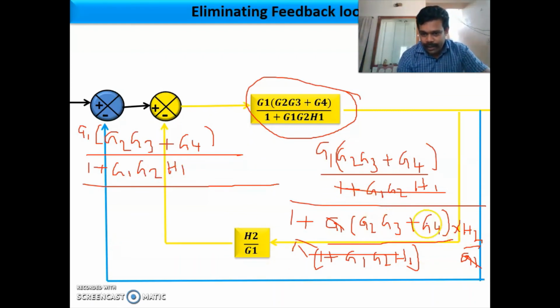Now here you are taking the denominator, you are taking LCM. LCM means you have to multiply this term with this 1.